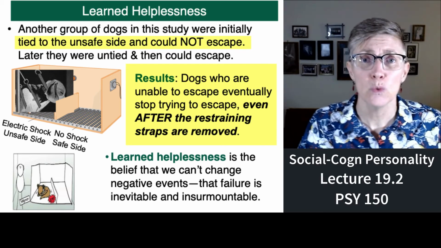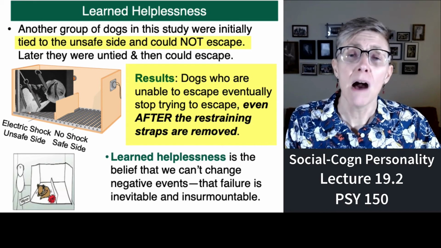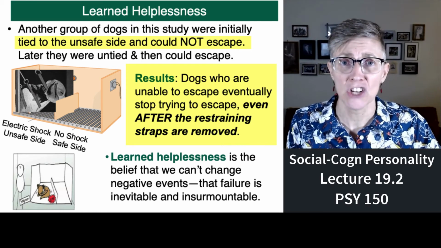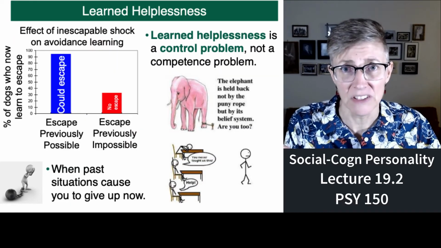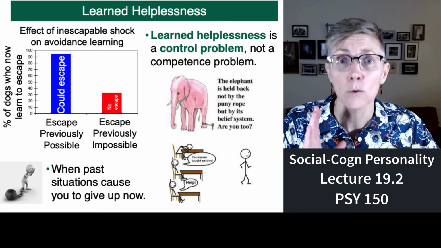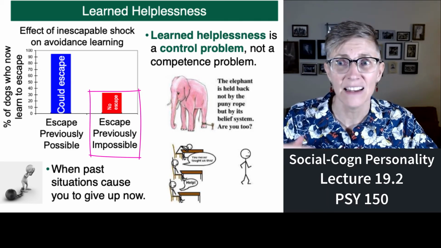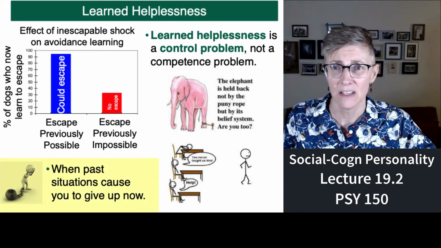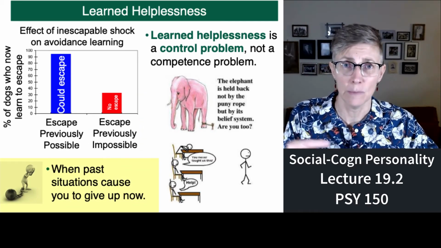Dogs who have experienced repeatedly a box in which they could not escape from a shock, they give up. They have learned that they are helpless, not just in the setting where they actually were helpless, but in all settings. That is learned helplessness. When past situations cause you to give up now.